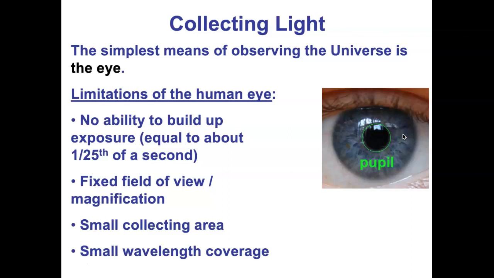And our eyes also have a small wavelength coverage. What does that mean? We're going to go into this in another lecture in a few days, but there are lots of different wavelengths of light. There's more light in nature than the stuff that our eyes can see. Our eyes can see wavelengths from red, orange, yellow, green, blue, violet. Our eyes can see visible light.